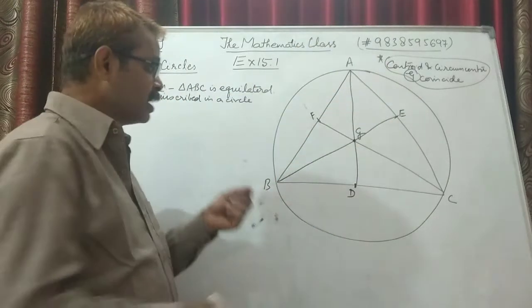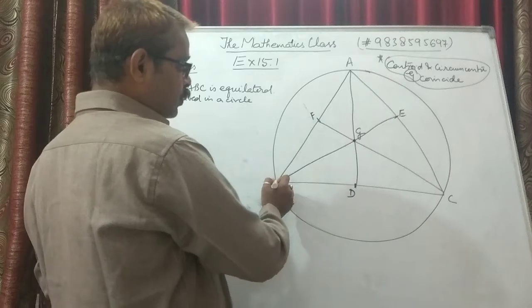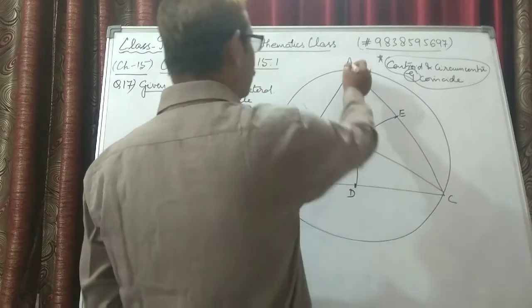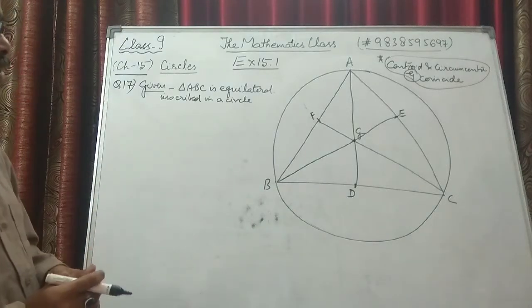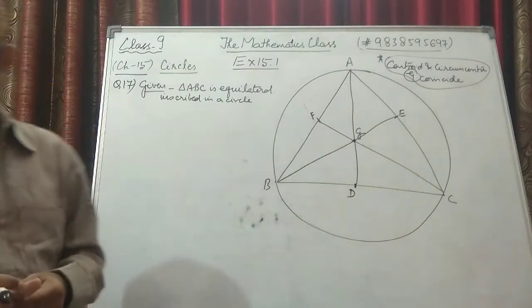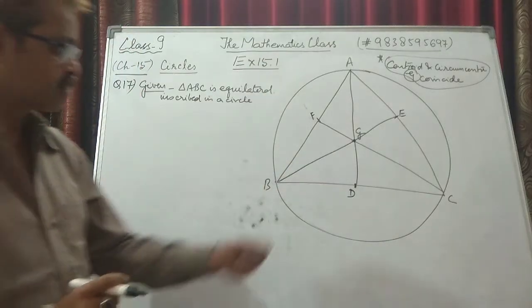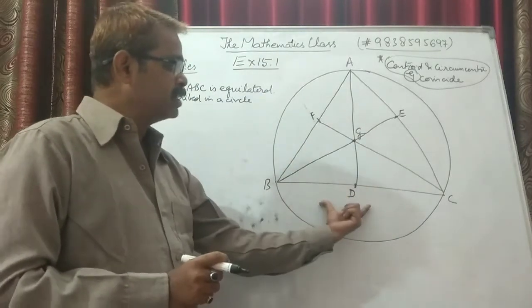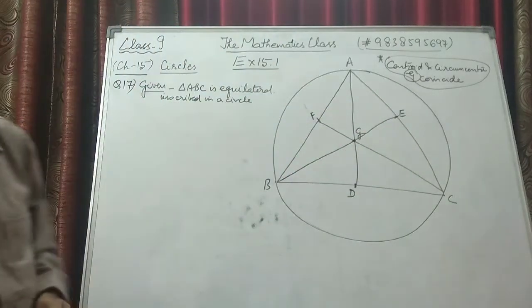If the center of the circle were O, then OB would be the radius, or OC would be the radius, or OA would be the radius. What is given is an equilateral triangle, where D, E and F are the midpoints of sides BC, CA and AB. This is all given.